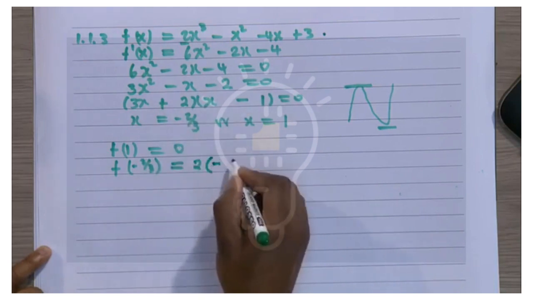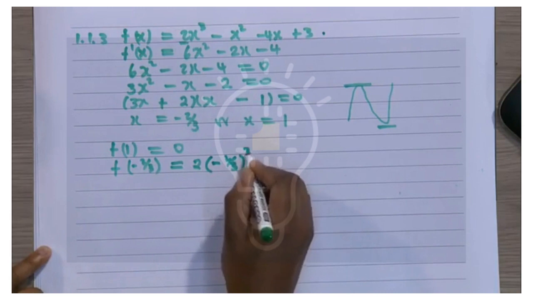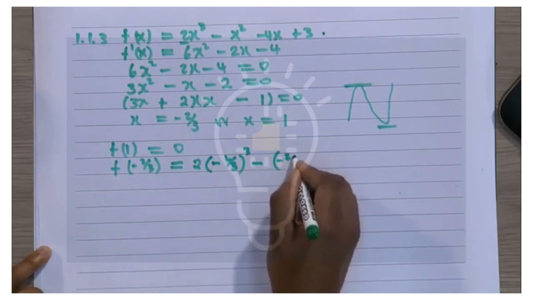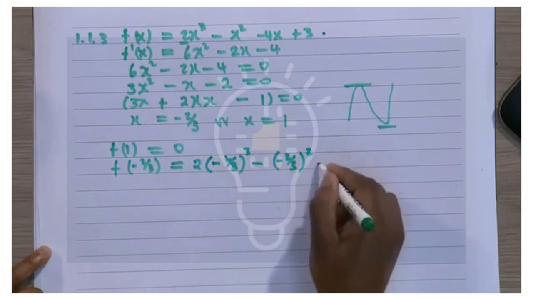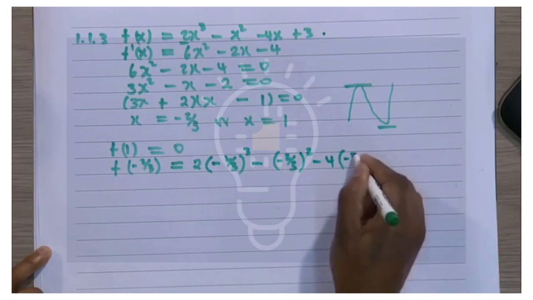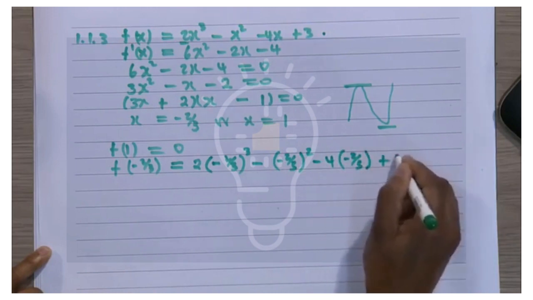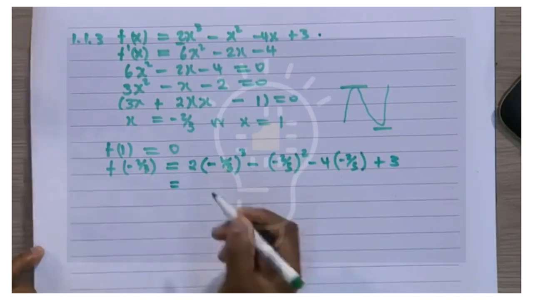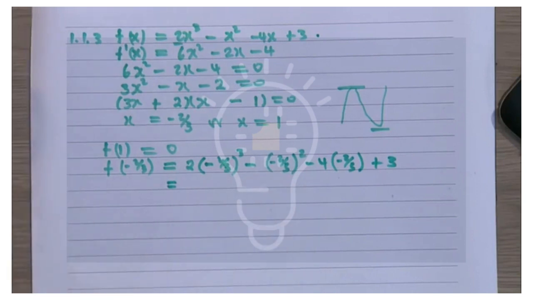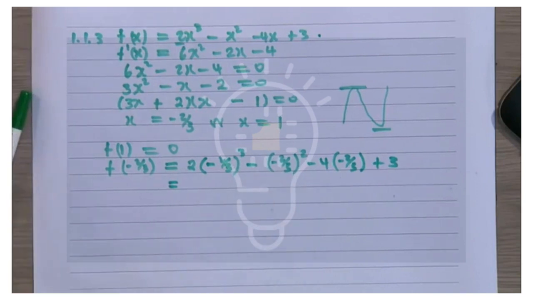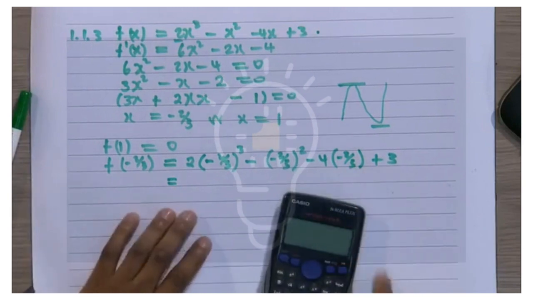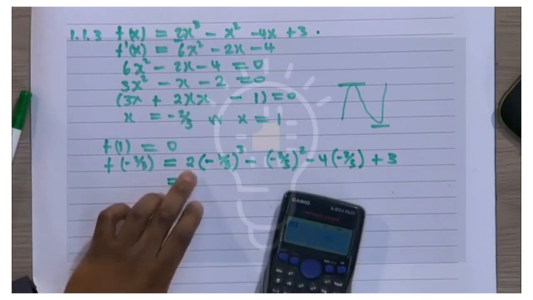It's going to be minus 2 over 3 cubed minus 2 over 3 squared minus 4 into minus 2 over 3 plus 3. Now we can use our calculators and figure out what is the answer in here. We can quickly use our calculators. Now if I quickly type this, it is minus 2 over 3, close the brackets.